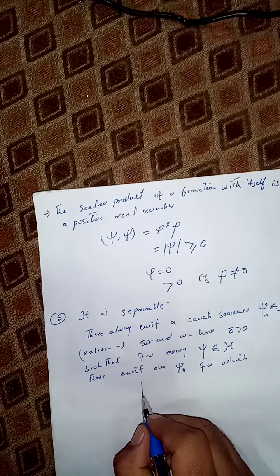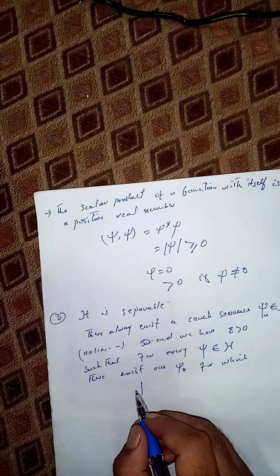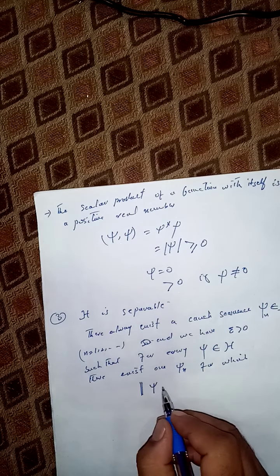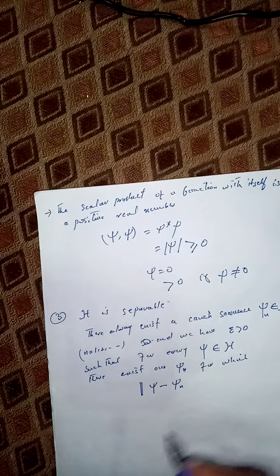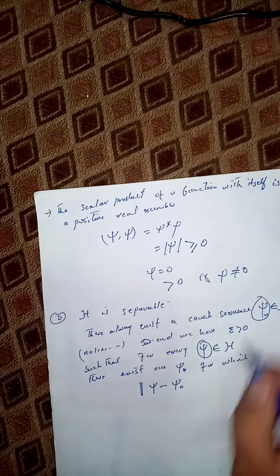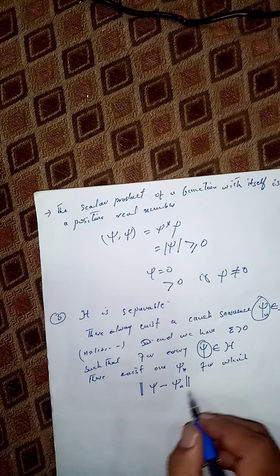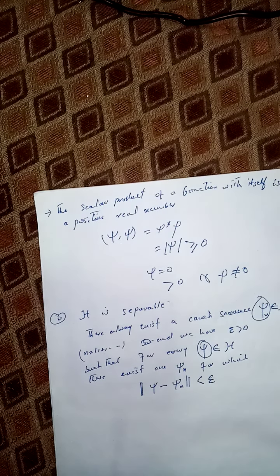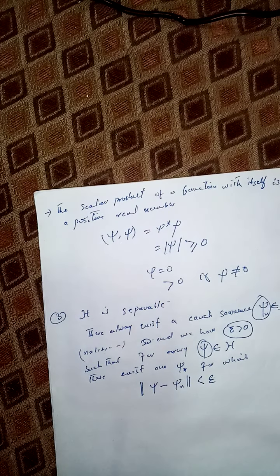if we take the scalar product, the difference of this ψ from this Cauchy sequence, and taking the magnitude, we always get a number which will be less than this epsilon, and we define the epsilon to be greater than 0.